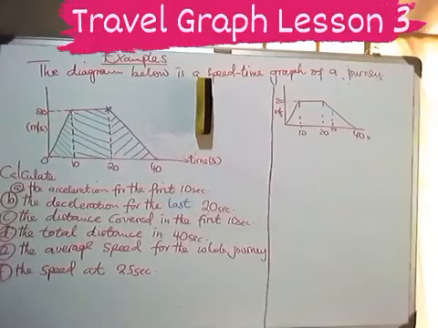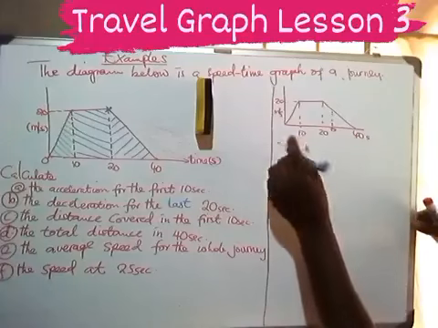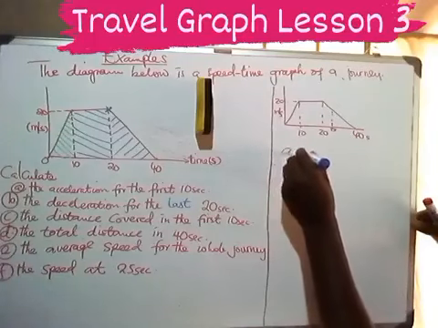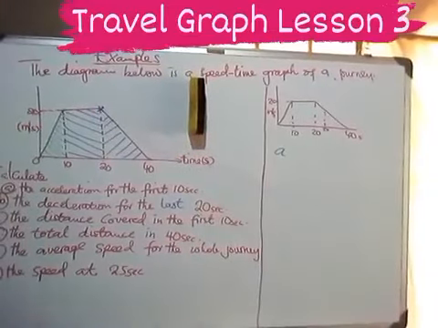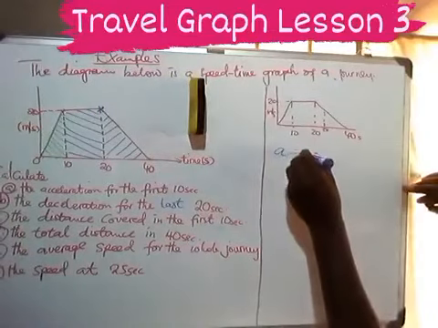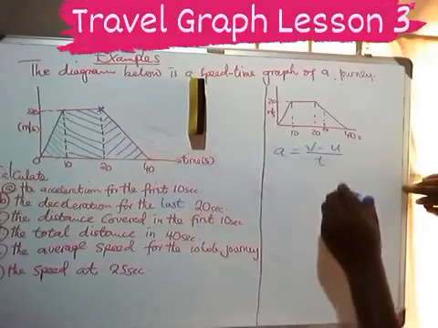What are we going to do? The formula you use to find the speed of such kind is the same formula you use to find the acceleration. Acceleration is equal to final velocity minus initial velocity over time taken.